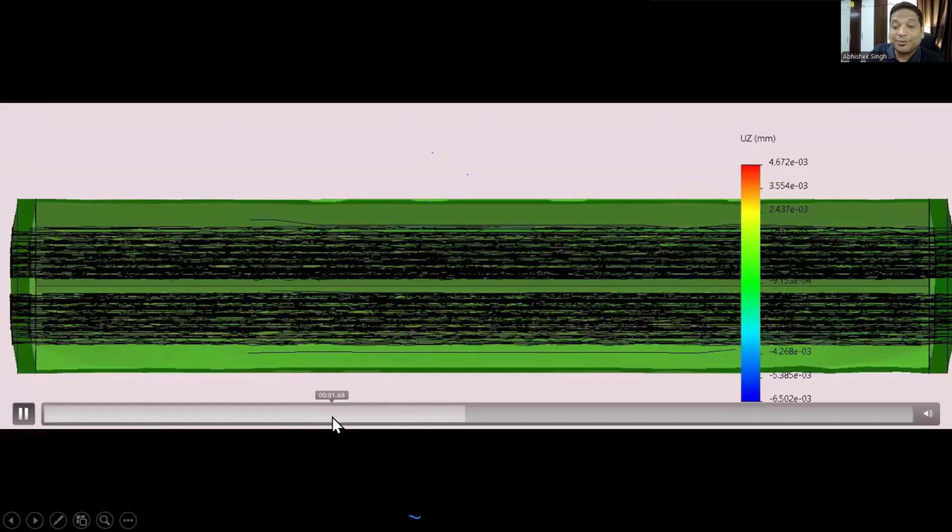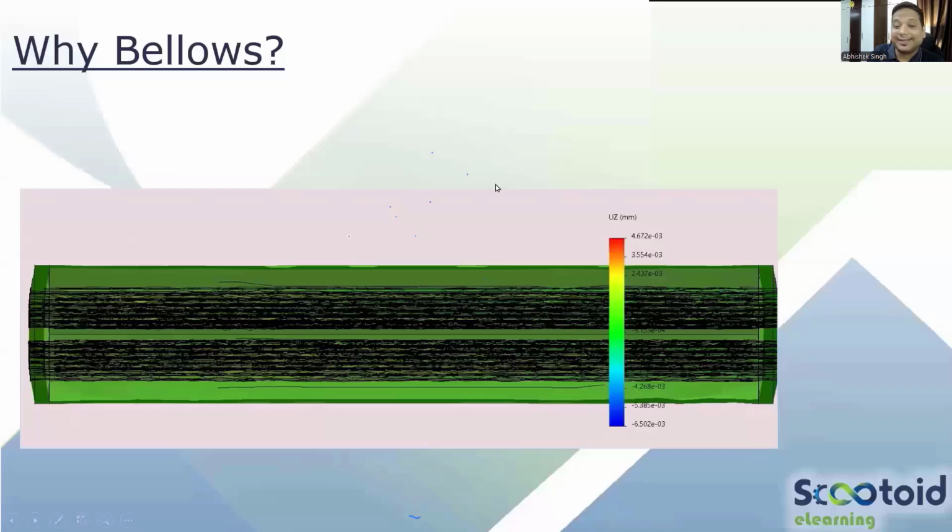If those kinds of stresses are there, and the temperature difference is not much, you will be able to design the tube sheet joint for that load. But if the metal temperature difference is huge, then it does not matter how much thickness you provide for the tube sheet, it will fail.